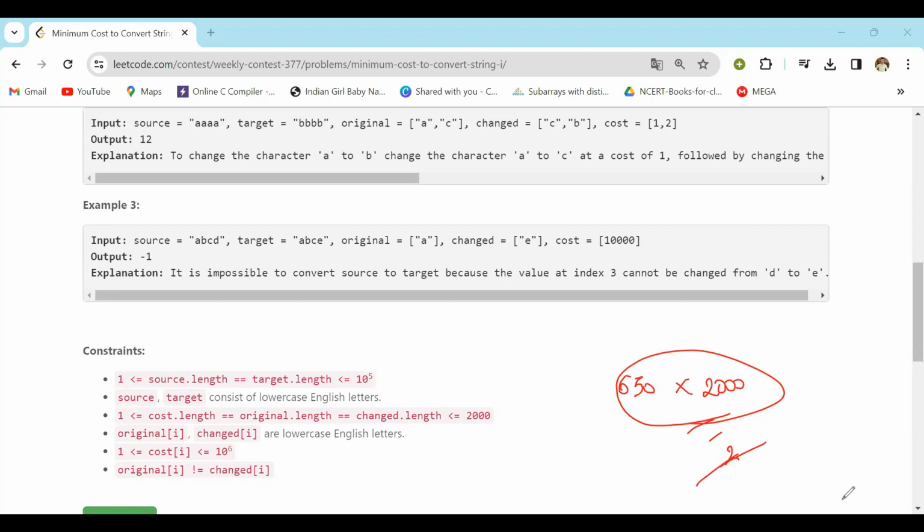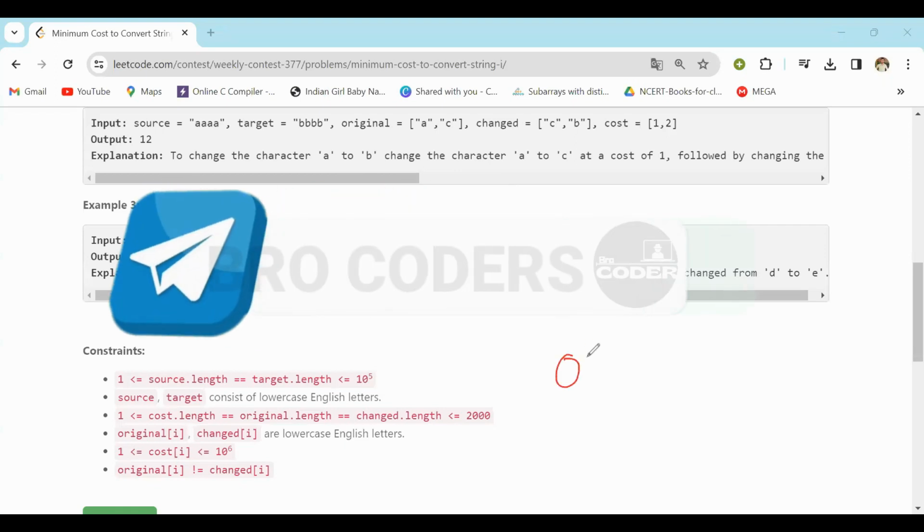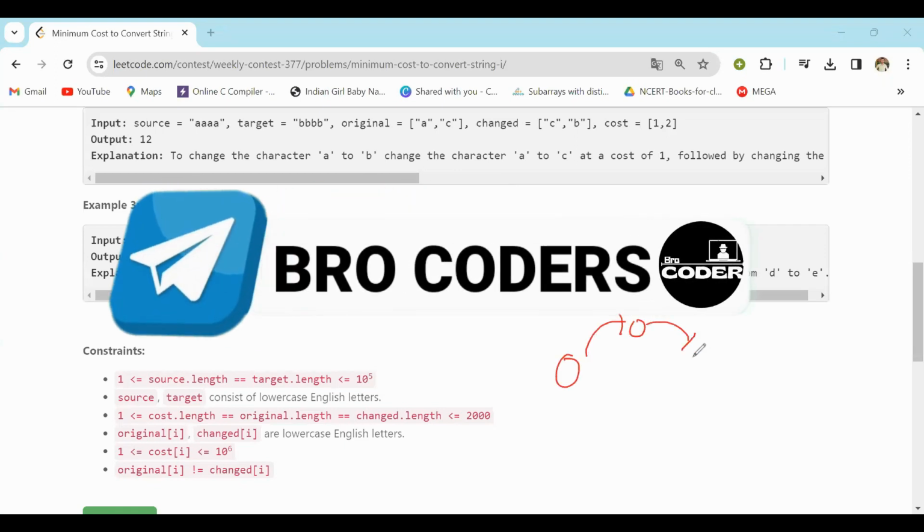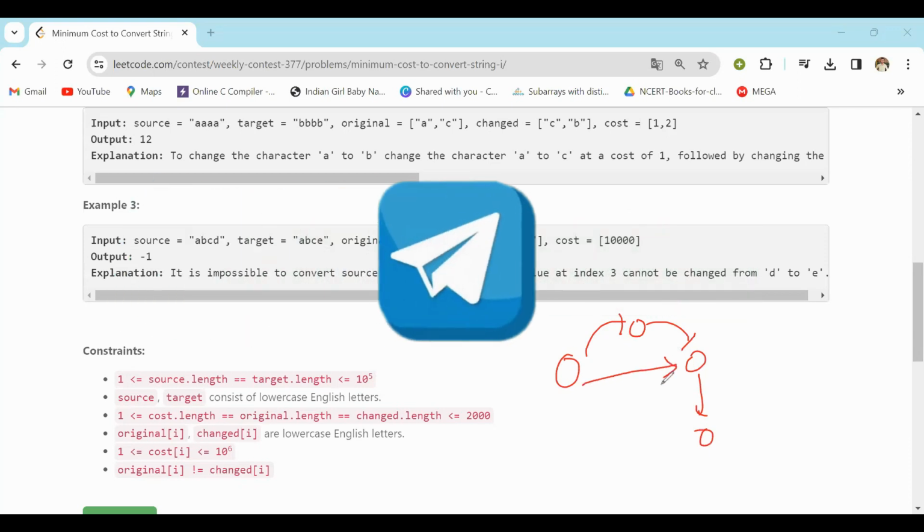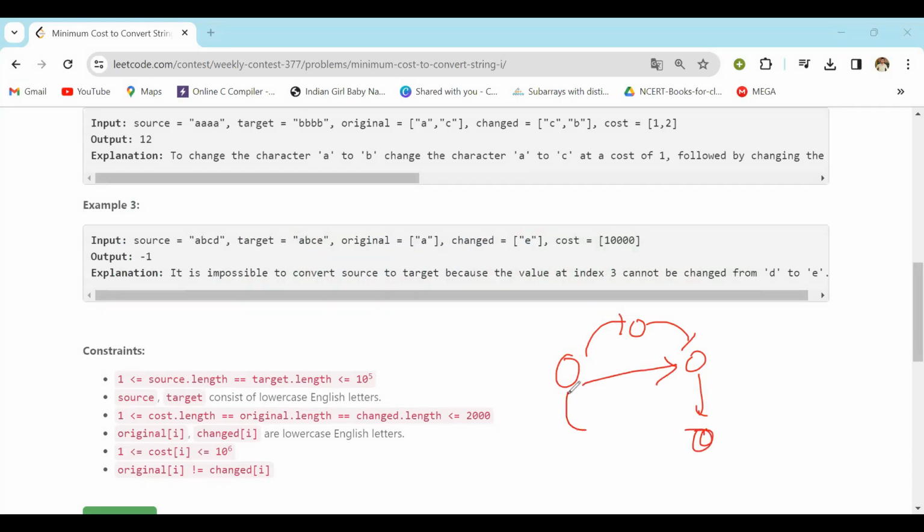And how do we iterate? Let's see a basic graph, right? Let's say this is a source. Okay, we have made different possible cases here, right? So this is our source, this is our destination, this is our helper.